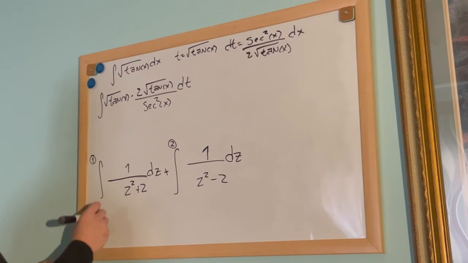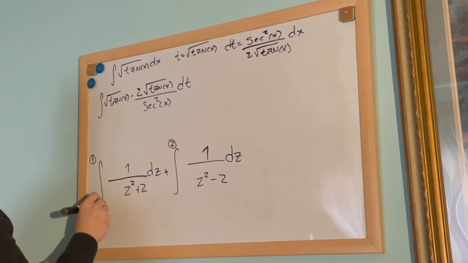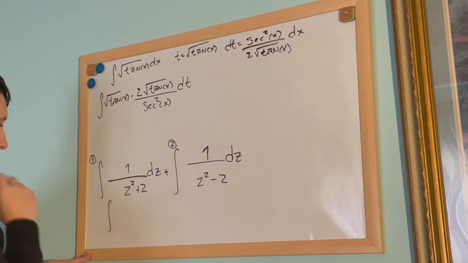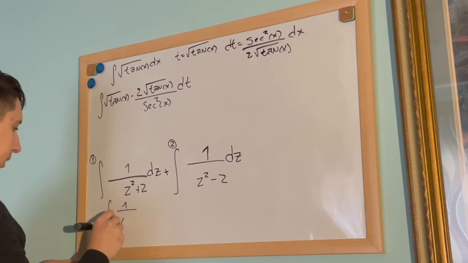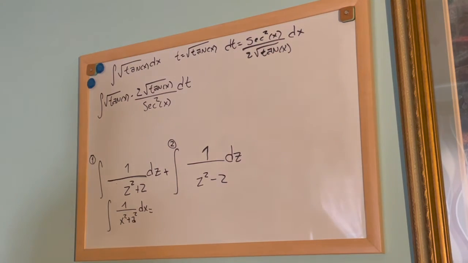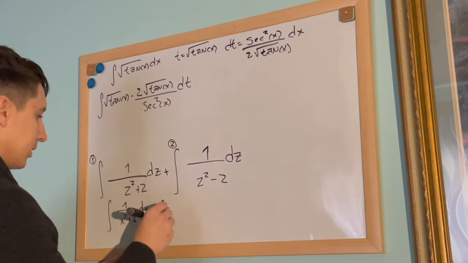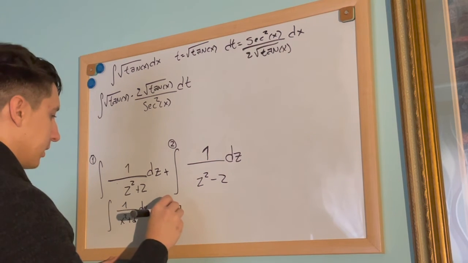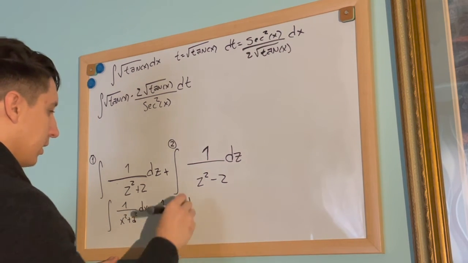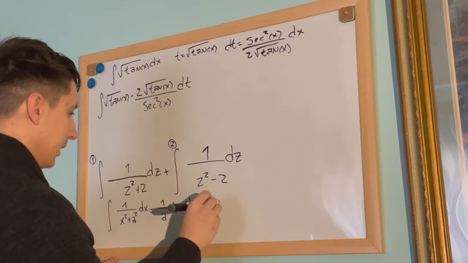We know that if we have the integral of 1 over x squared plus a squared dx, that is the same thing as 1 over a times the arc tangent of x over a plus c.